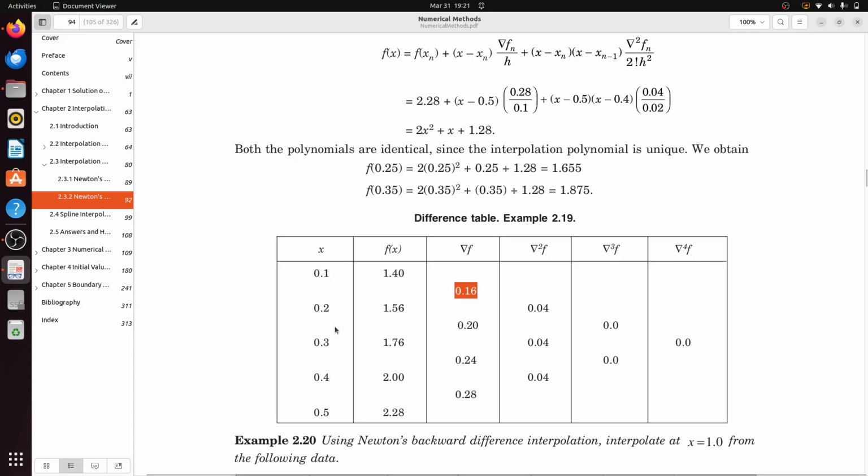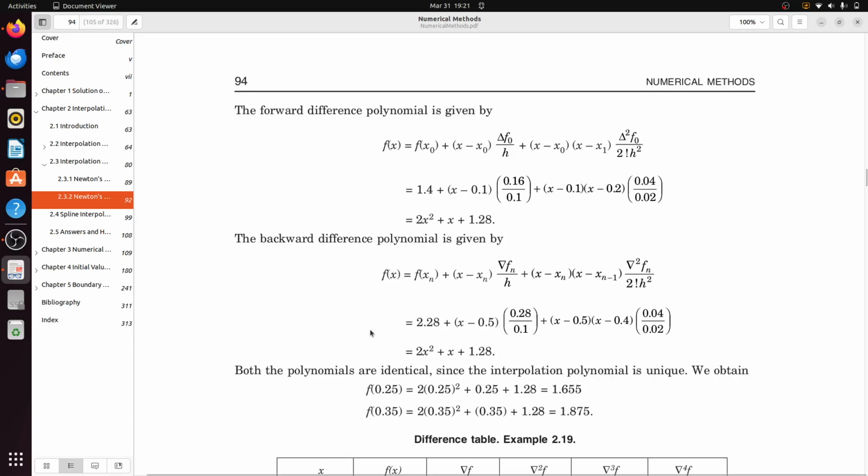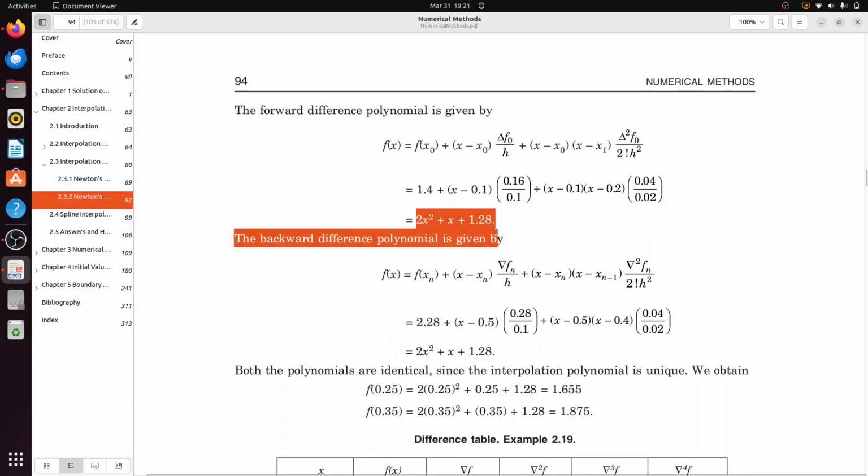This increment is 0.1. Next, plus x minus 0.1 into x minus 0.2 into 0.04 divided by 2 into 0.1 whole square. So your forward interpolating polynomial is 2x square plus x plus 1.28, right?